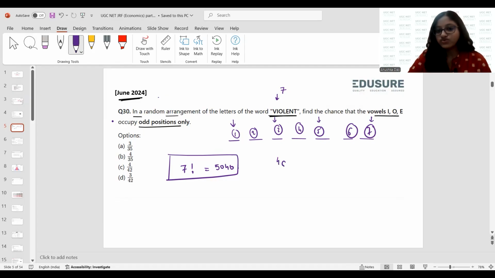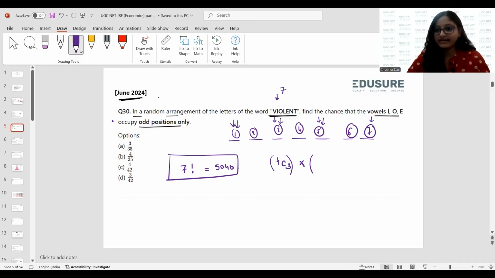Firstly, you have to choose the 3 positions from the 4 positions, right? This is the total number of ways. 4C3 is 4. So there are 4 ways in which you can do this. Suppose you choose these 3 places, 1, 3, and 5.